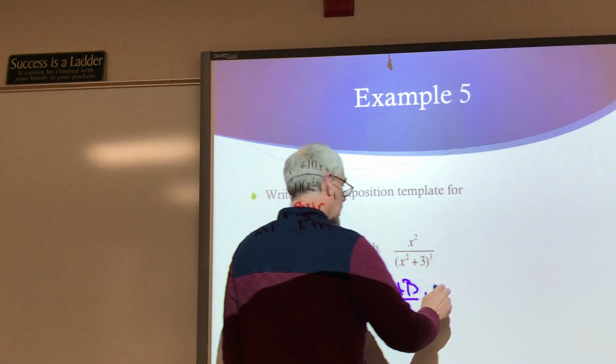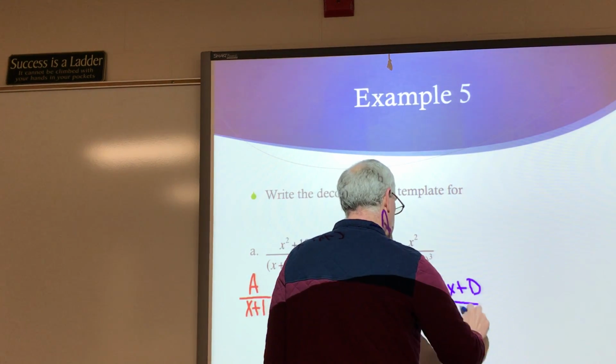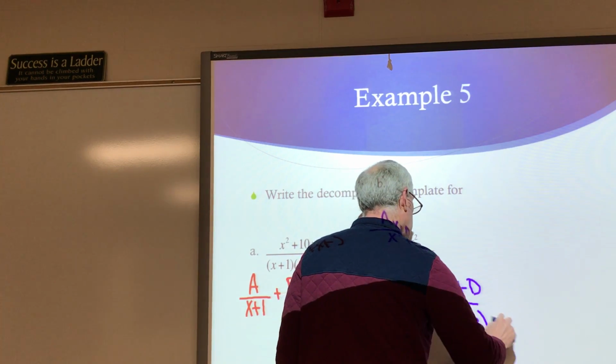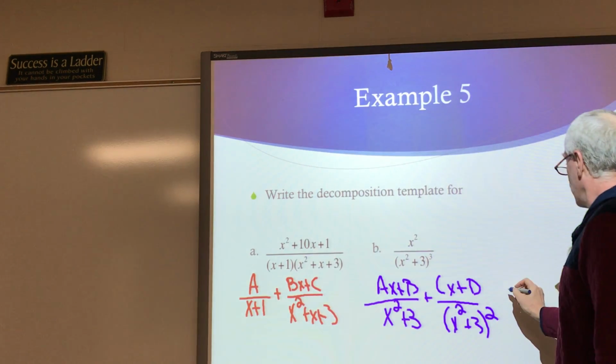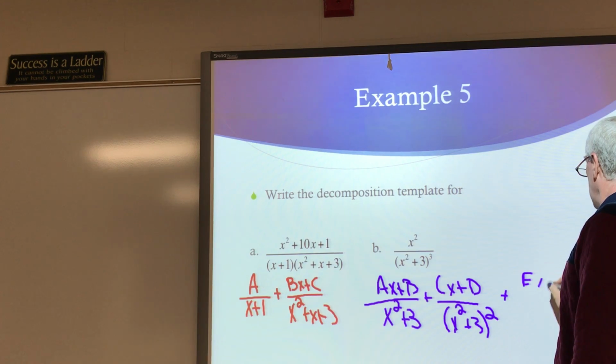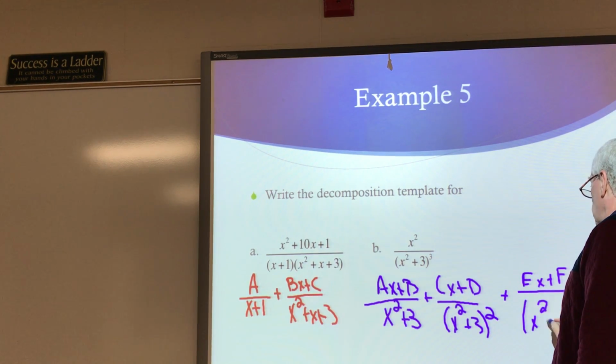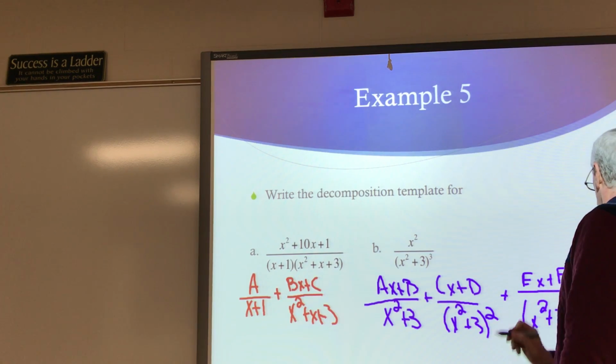And then a cx plus d over x squared plus 3 quantity squared. And because I'm to the third power, I need to go one more. I need an ex plus f over x squared plus 3 to the third power.